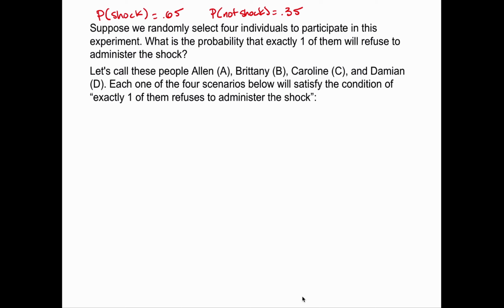Right? This is a Bernoulli trial because there are 2 outcomes, a shock or a not shock. When we do 4 people, that's what makes it a binomial distribution. So 1 person is a Bernoulli trial, 4 people is a binomial.